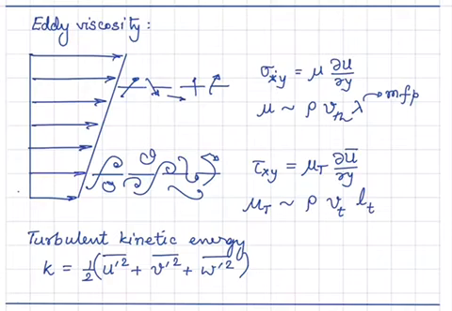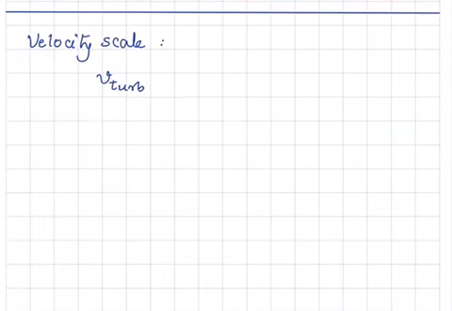So let's look at what is the velocity scale of turbulence. And here we come to the third part of the lecture, where we say velocity scale V turbulent is not always equal, it's somewhat proportional or similar to the square root of u prime square plus v prime square plus w prime square.